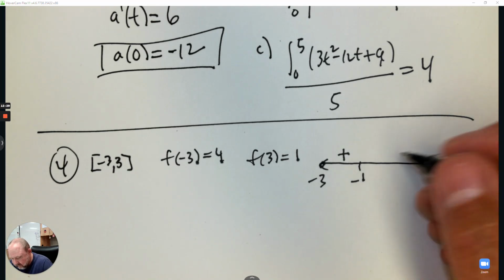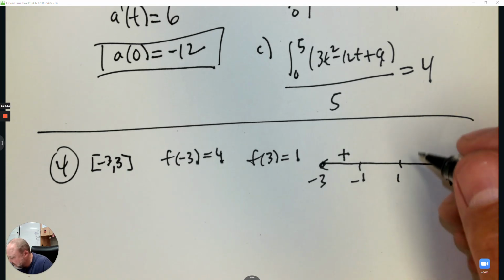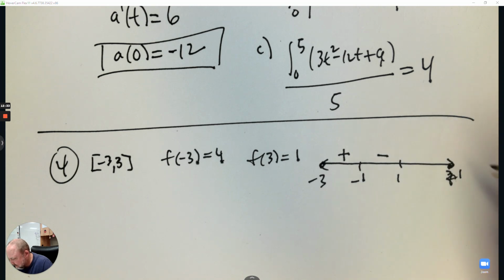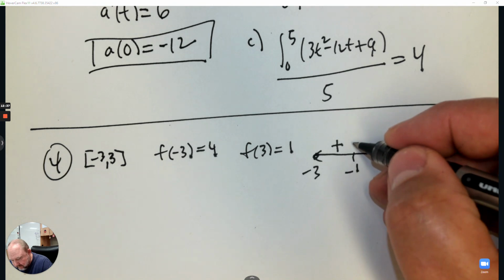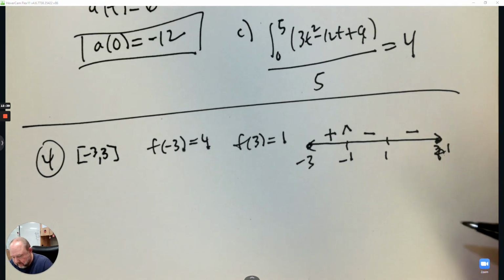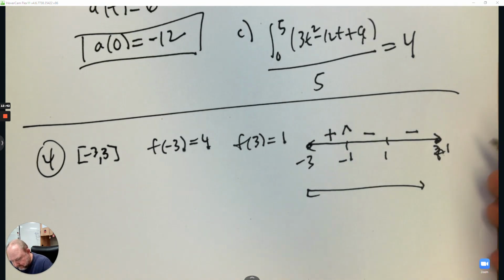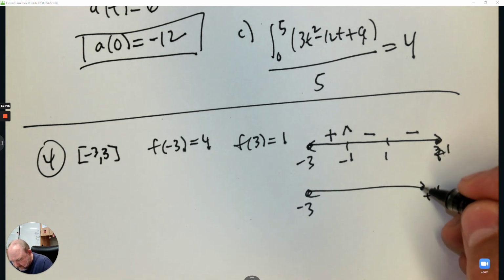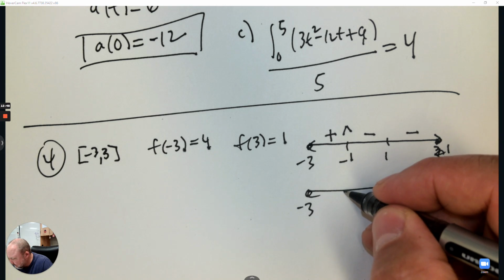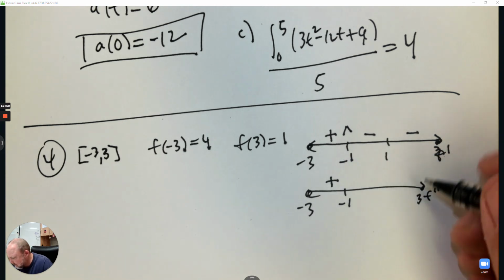From negative 1 to 1, it's negative. And then from 1 to 3, it's negative again. So that tells me there is a maximum there at negative 1. Then, for the second derivative, from negative 3 to negative 1 again, it's concave up.